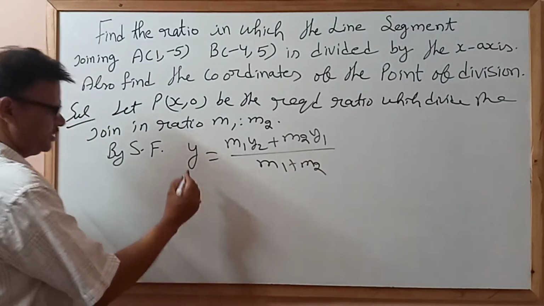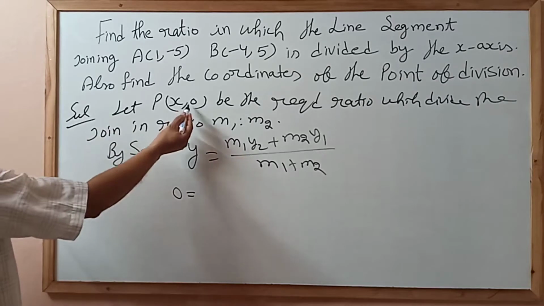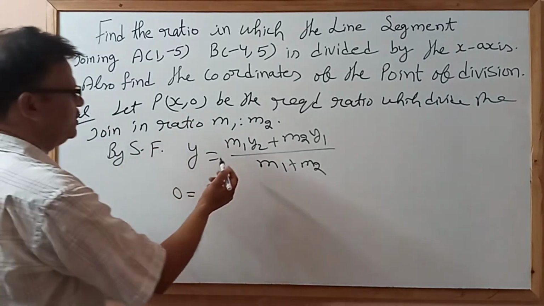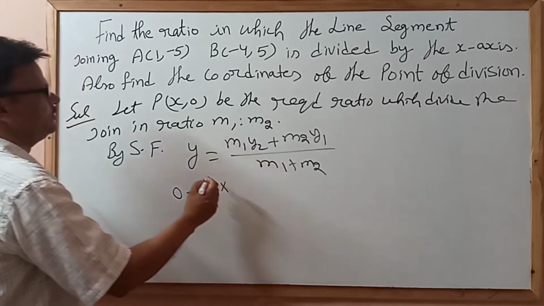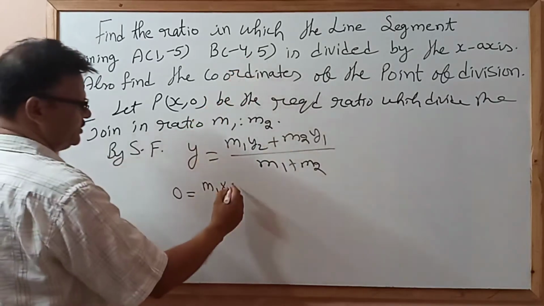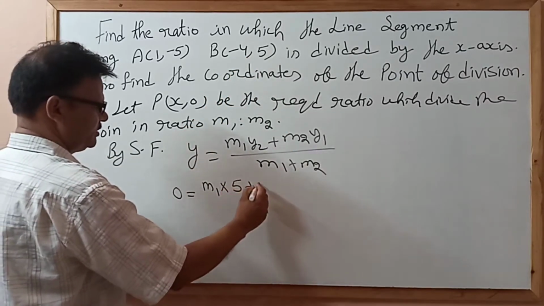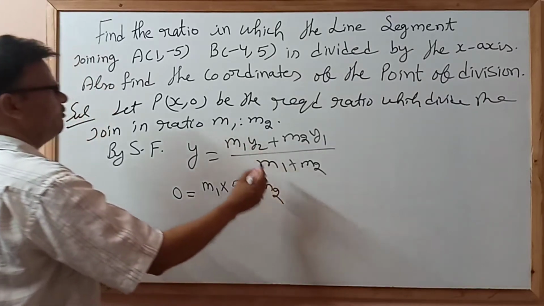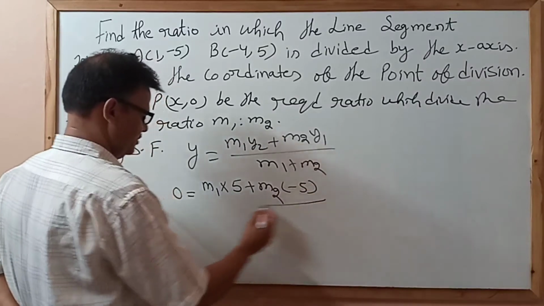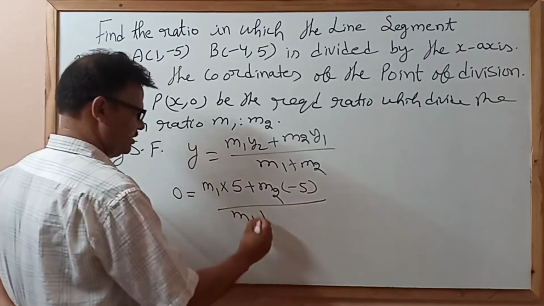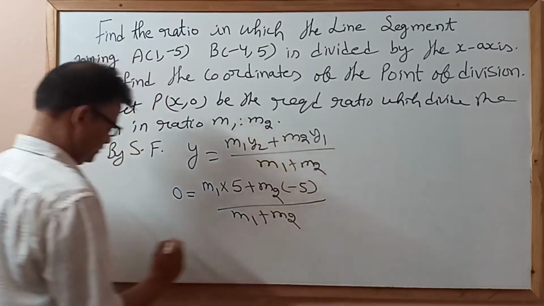0 is equal to, so why is y 0 here? 0 is equal to m1 multiply y2, y2 is 5, plus m2 multiply y1, y1 is minus 5, over m1 plus m2.